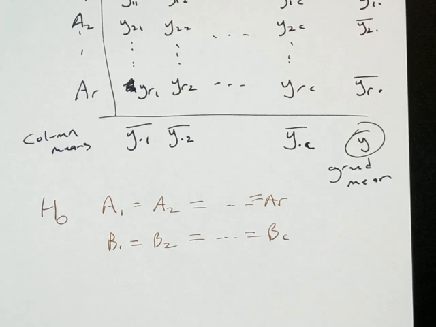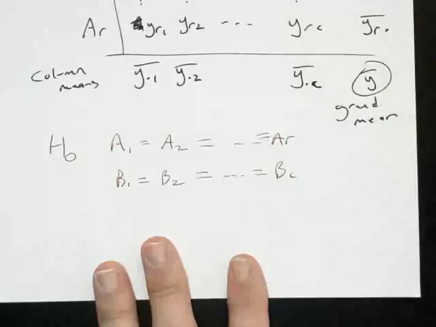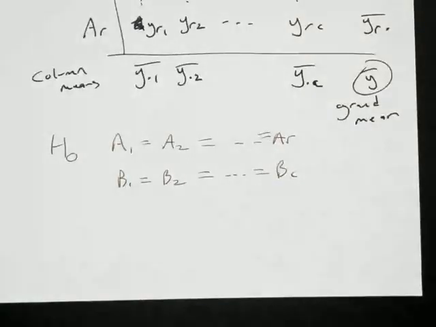Only now I'm expecting some sort of reaction for the A and some sort of reaction for the B, so I get a more complicated model. If my null hypothesis is true, then every plant is equal. Every major is equal. It doesn't really affect what's coming out in my response variable.